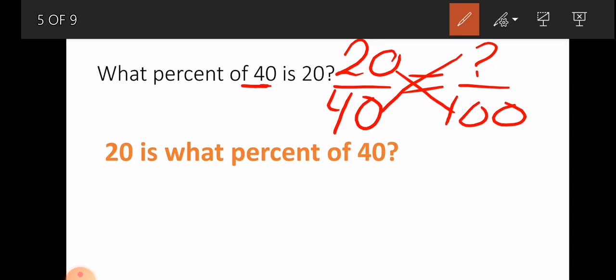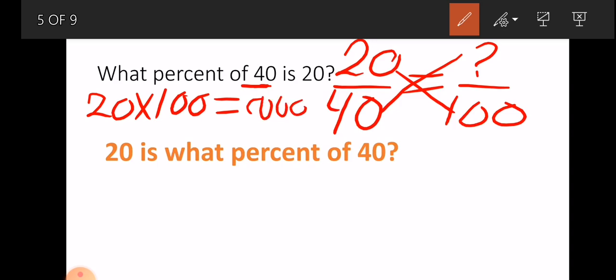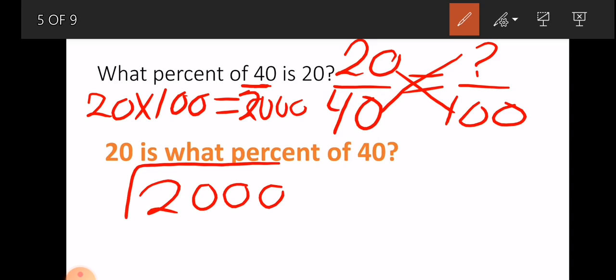Then do cross multiplication. 20 multiplied by 100: I put the 2 zeros down, then 1 times 2 is 2, so 2000. Then I divide the 2000 by 40.